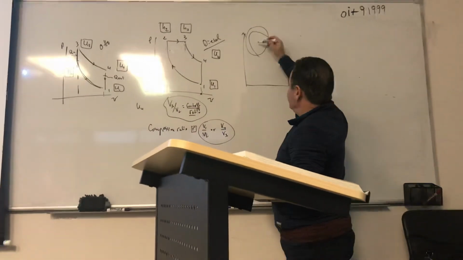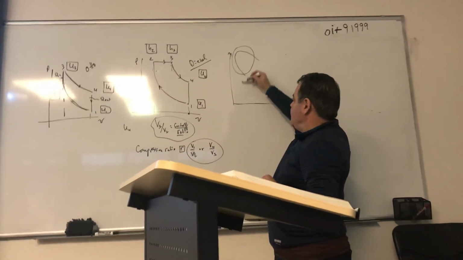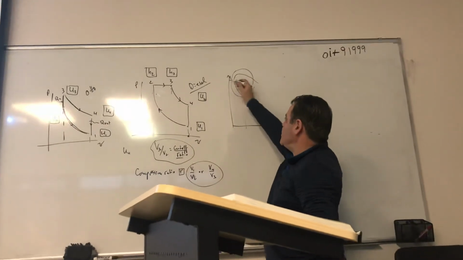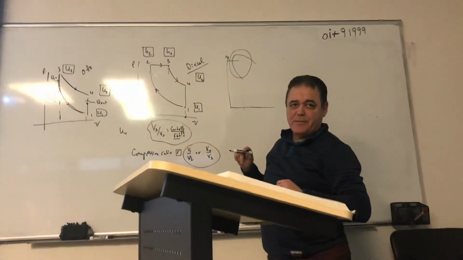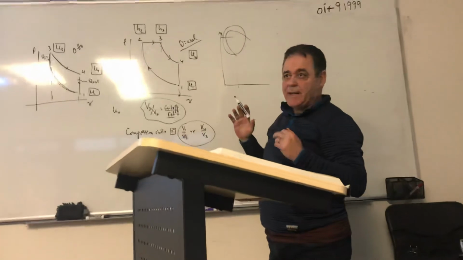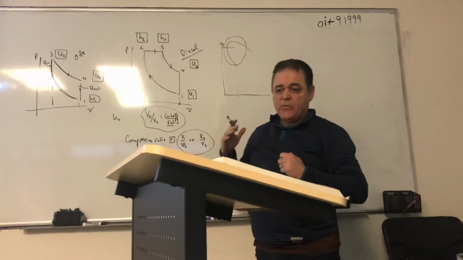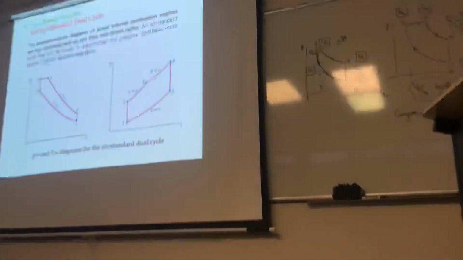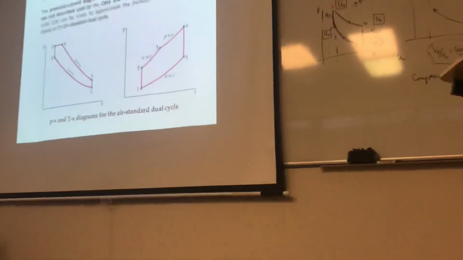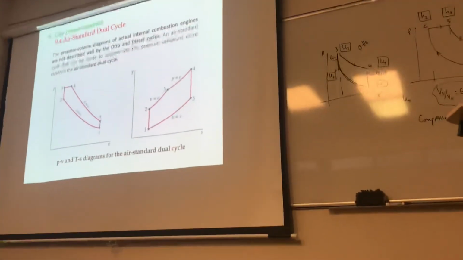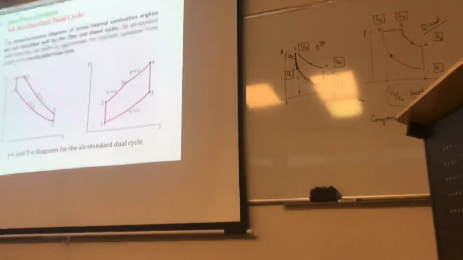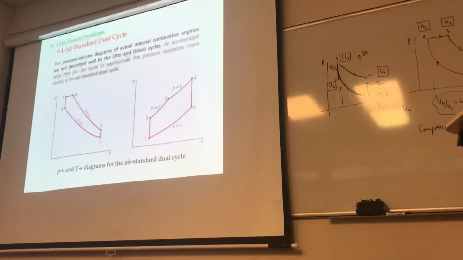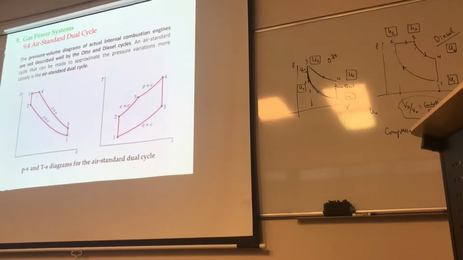This one, you cannot say is constant volume, and you cannot say is constant pressure. In reality, to be truly representative of a true diesel cycle, it's a hybrid between the two. In other words, it's a little bit of the Otto and a little bit of the diesel.